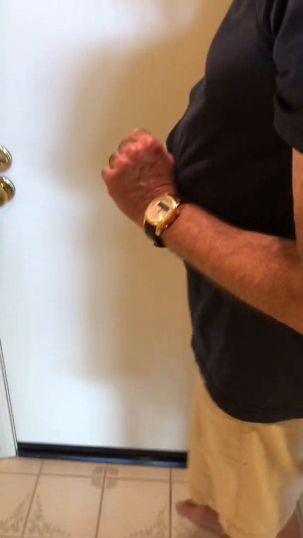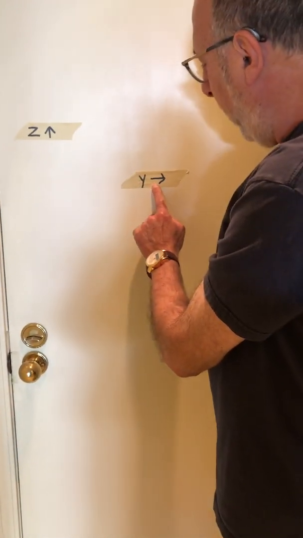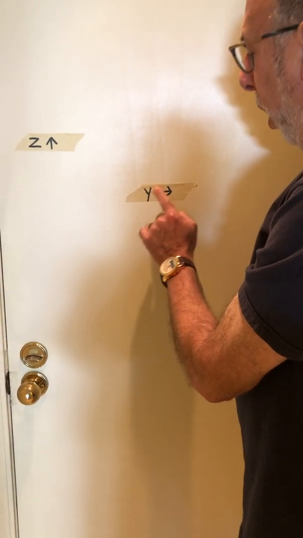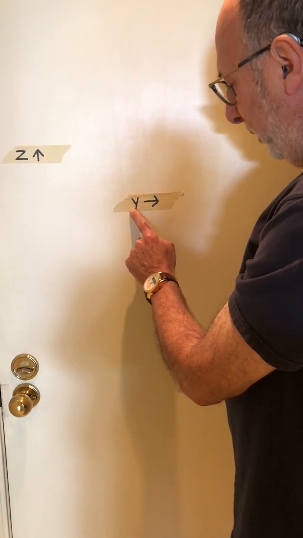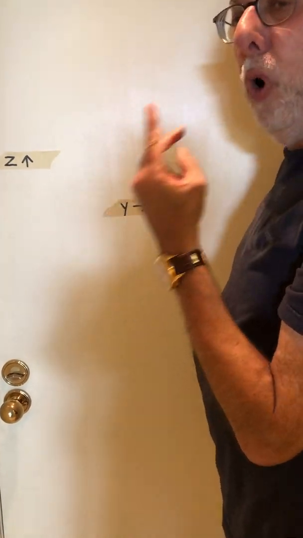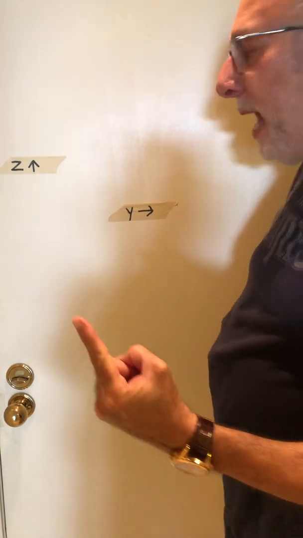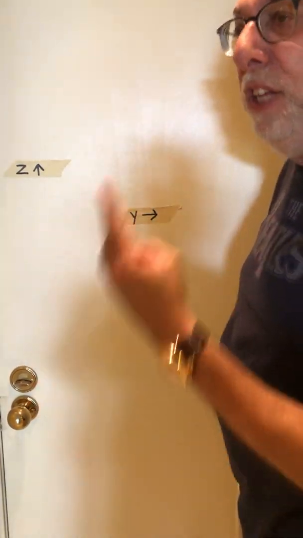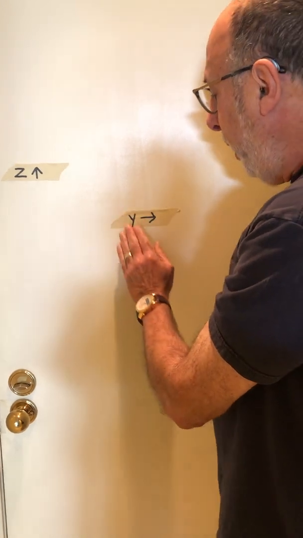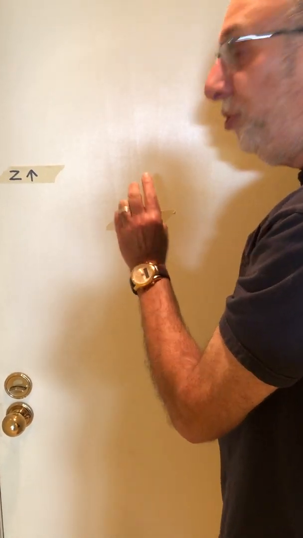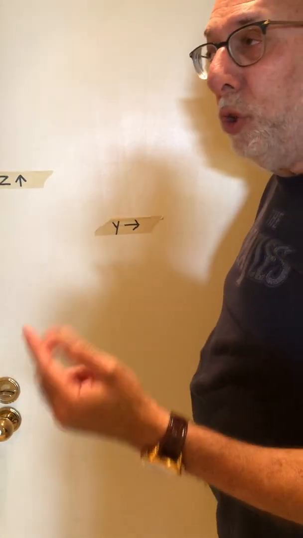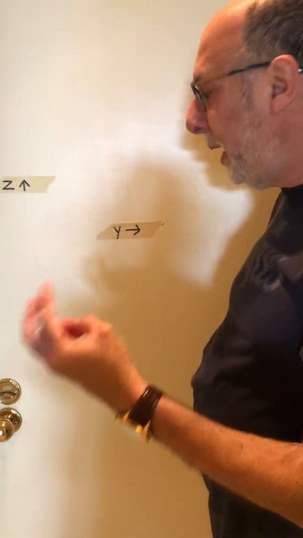All right. Suppose I am on the y-axis right here. On the y-axis, y is changing. But x is always 0 on the y-axis, and z is always 0 on the y-axis. So here we have, instead of an ordered pair, an ordered triplet: x, comma, y, comma, z.